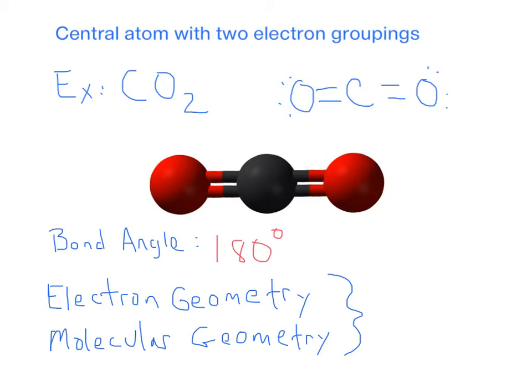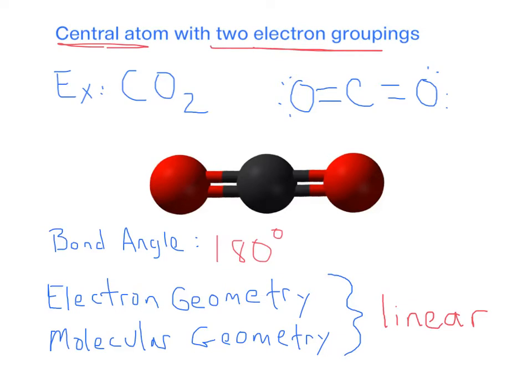But since there are no lone pairs around the central atom, in this case, the electron geometry and the molecular geometry are the same, and this one's the easiest one. It's known as linear. So this is a linear electron geometry and a linear molecular geometry. Remember, they will change and be different as we move on. So that's what we would expect anytime you have a central atom with only two electron groupings.